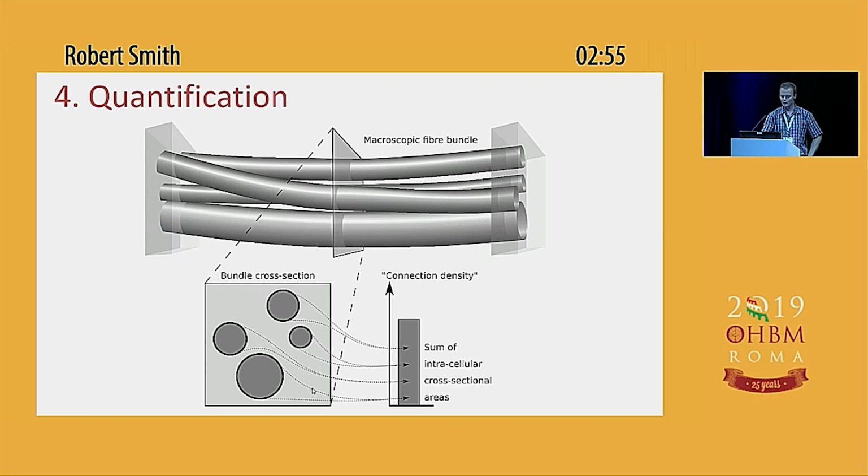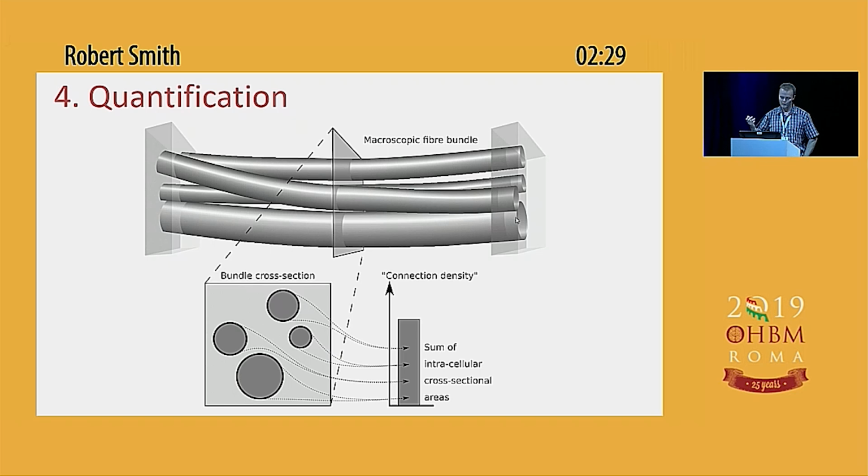And so what we're deriving as our quantitative property is to sum up the cross-sectional areas of these bundles, and that sum hopefully gives you something that is at least in some way proportional to the capacity of this biological system to transfer information from this block on the left to this block on the right.